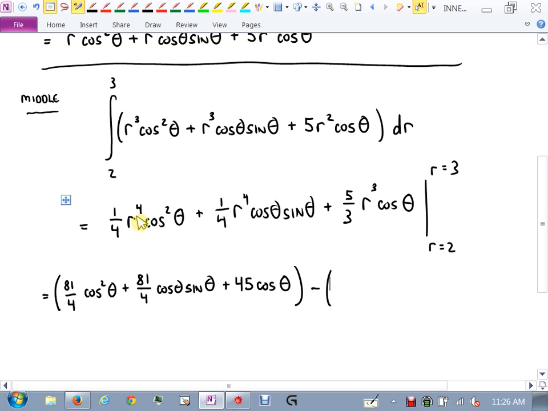2 to the 4th power is 16, right? Yes? 2 to the 4th is 16. Divide by 4. So 4 cosine squared theta. And then again 2 in here, you get 4, so plus 4 cosine theta sine theta. Almost done. What's this? 2 cubed is 8, times 5, 45 over 3. 45 thirds?